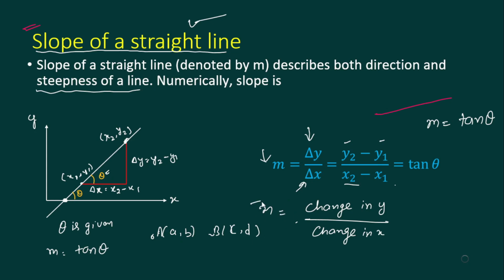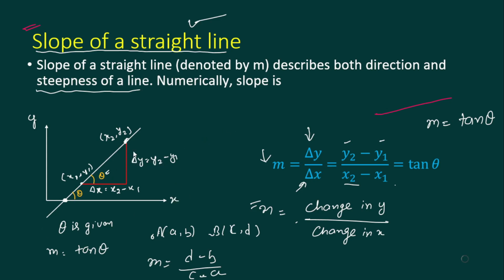The slope in this case will be nothing but (d minus b) upon (c minus a). So this is how we find the slope.